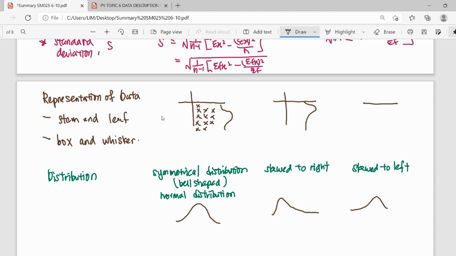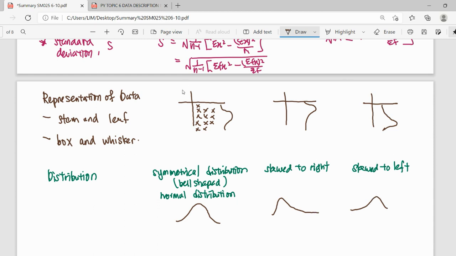So if you draw your stem and leaf, you can see the smaller values are few, and normally most are at higher values. So skew means you will see your graph is prolonged. Skew means the place that is pulled, not the place that is high. So it is pulled to the right, pulled to the left.